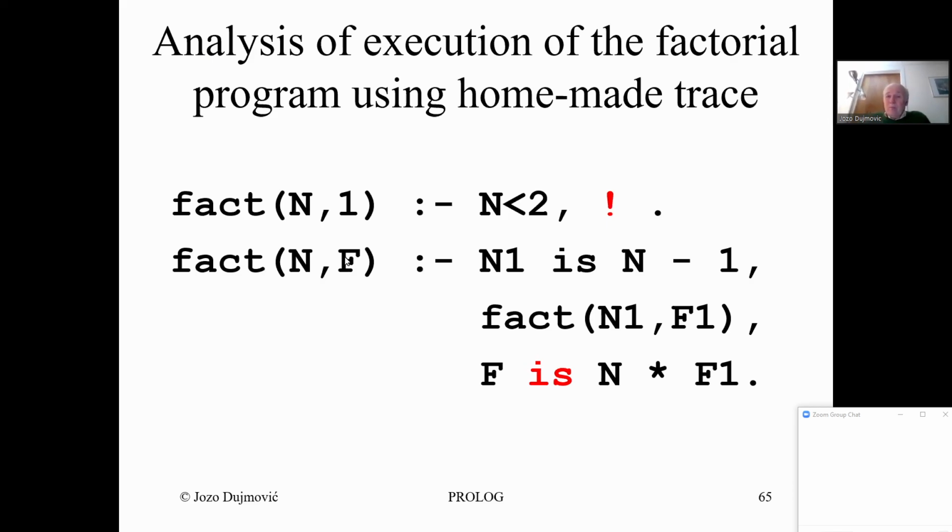Now, this has looping. Therefore, when you go to compute factorial, for example, of 5, since 5 is not less than 2, we are going to fail this line and come to line number 2. So you can never reach any line unless you fail the previous line. So you have to fail line number 1 to come to line number 2.